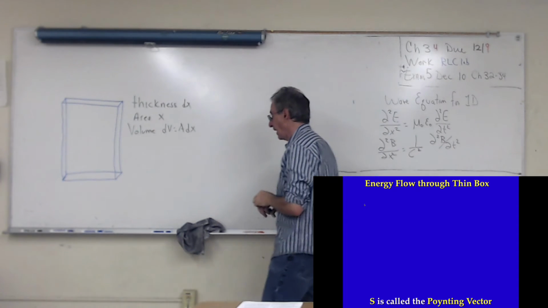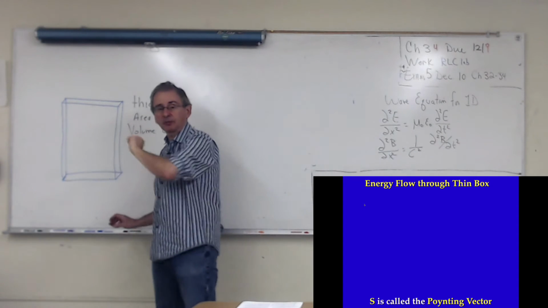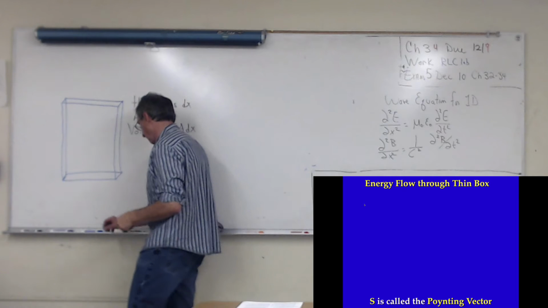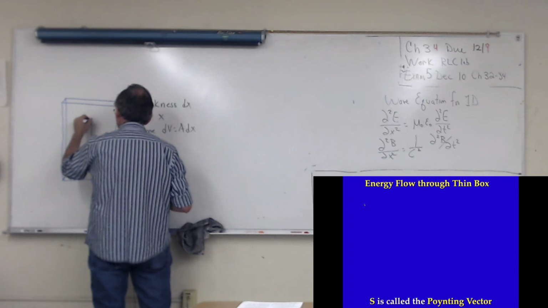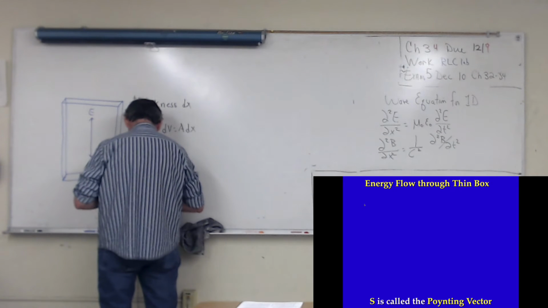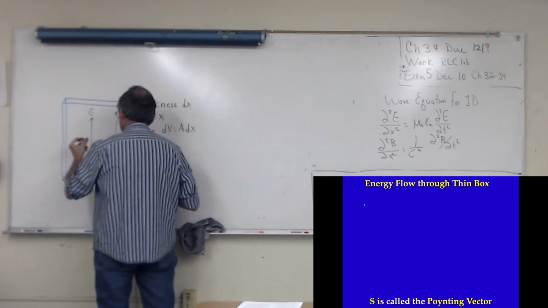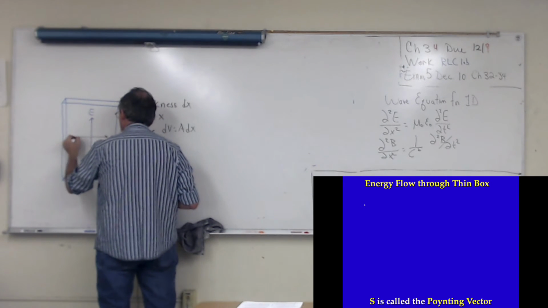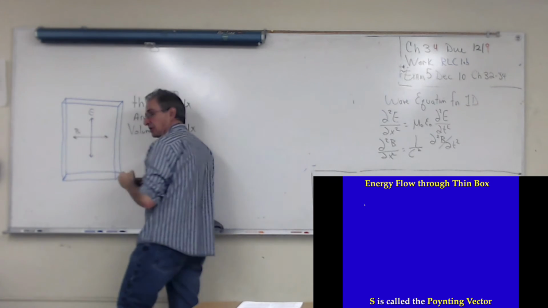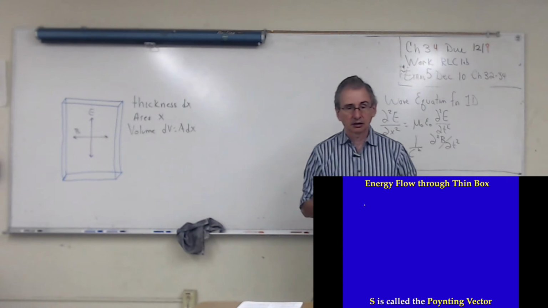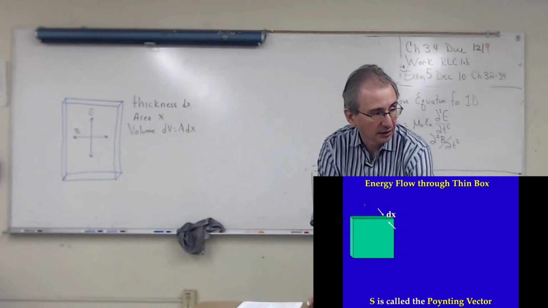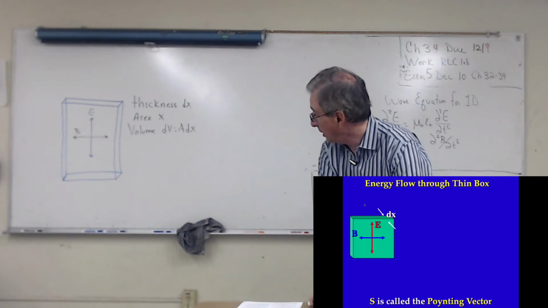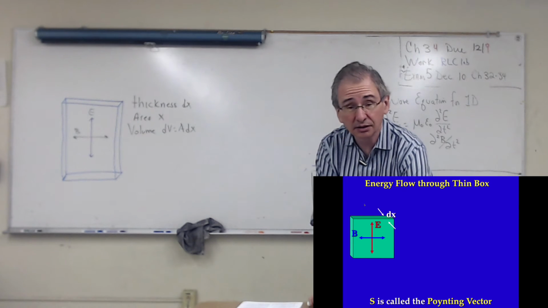And let's say we have an electromagnetic wave coming towards us out of the board, such that the electric field is oscillating this way and the magnetic field is oscillating horizontally. I can switch them, it doesn't matter. I want to know how much energy is flowing through that box.